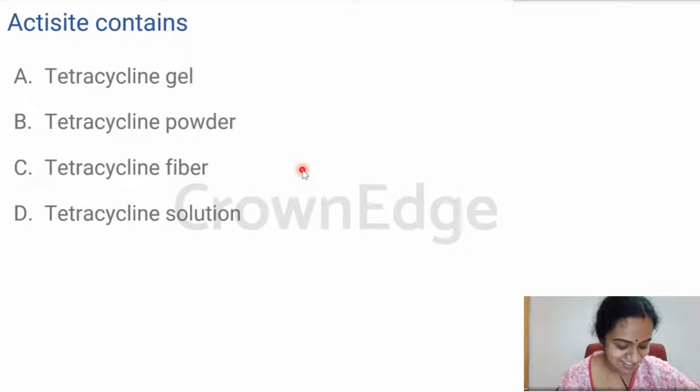Think. Most of you are saying A and C, either gel or fiber. Actisite is a fiber, but it contains tetracycline in what form? Has tetracycline been made into a fiber to incorporate it into the agent? That's the trick here, and that will give you the answer.